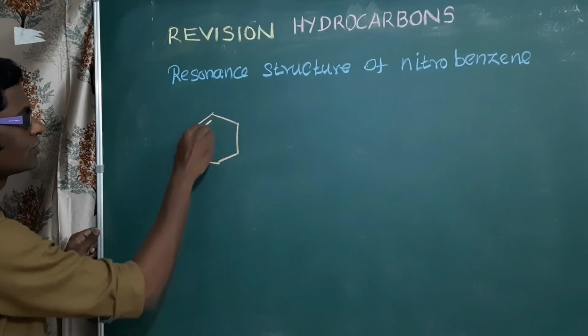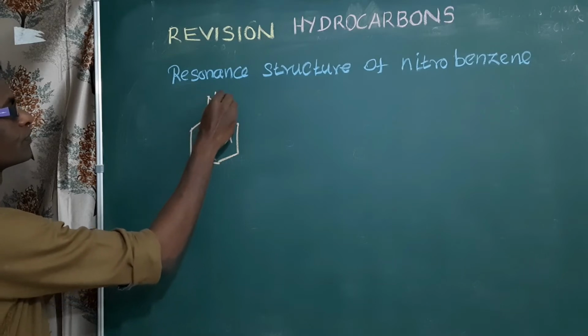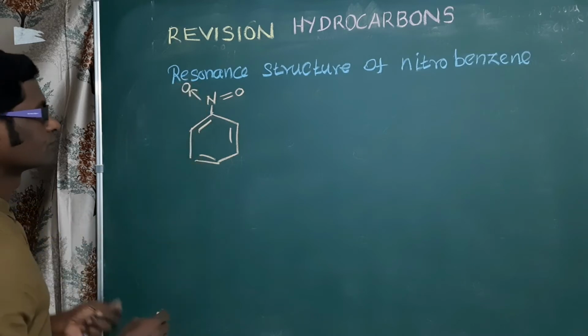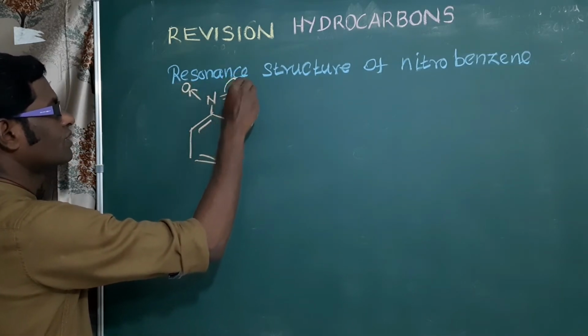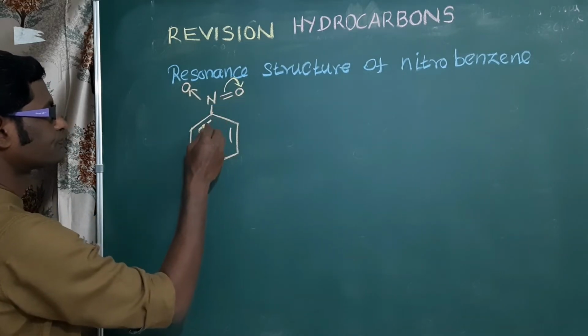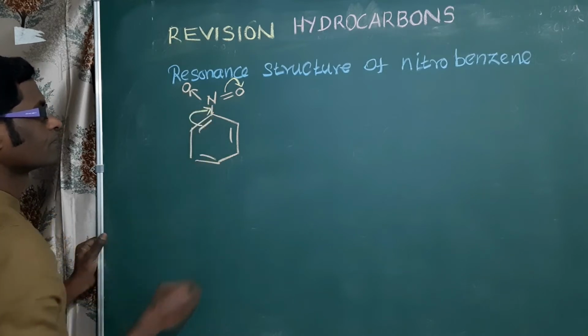Benzene bonded with a nitro group. This compound is called nitrobenzene. Oxygen is more electronegative than nitrogen. This electron shifted towards oxygen. Now this nitrogen takes the electron from the benzene ring.